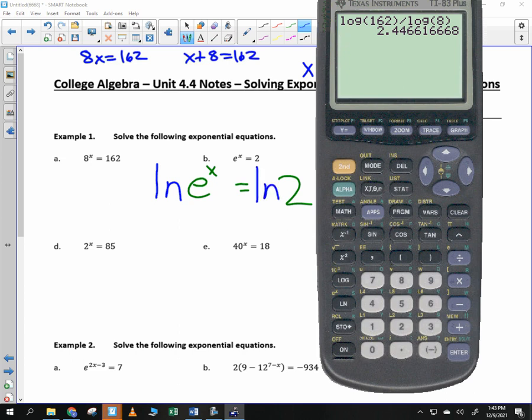So in order to get rid of a base of e, we do the natural log of both sides. On your left-hand side, we get x. On the right-hand side, we do the natural log of 2. Do you have a natural log button on your calculator? Yes, we do. Yep, so you press natural log of 2, and you get 0.693.